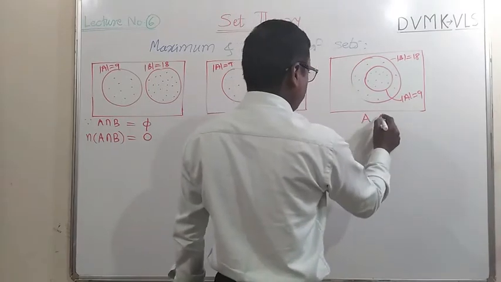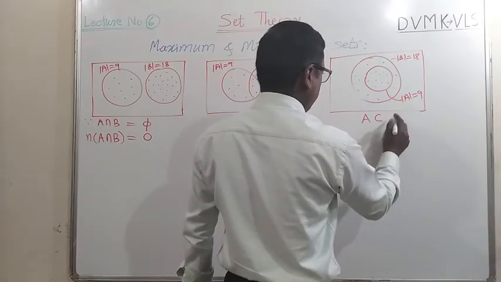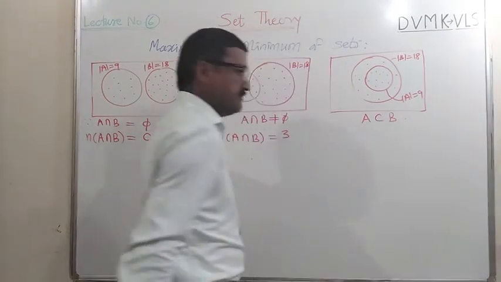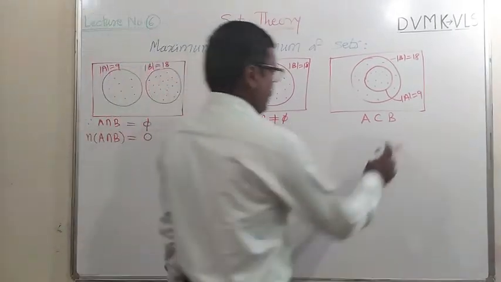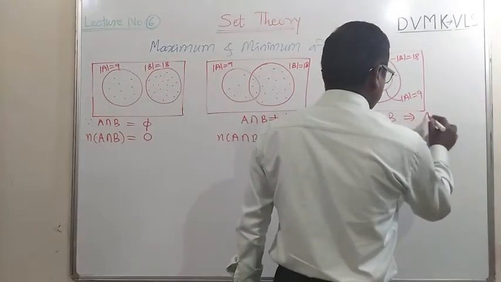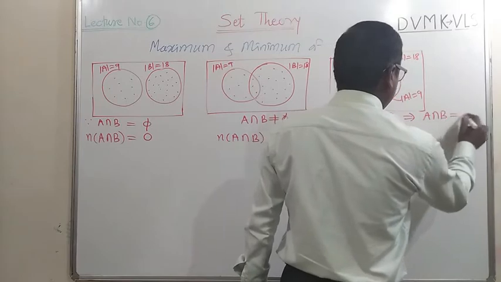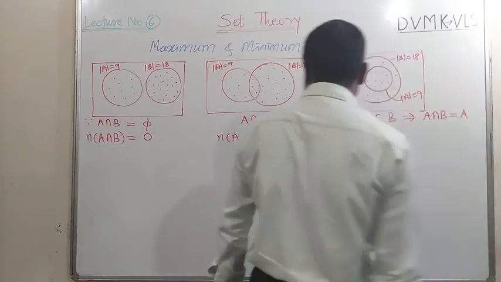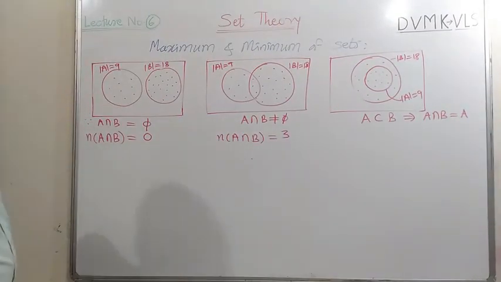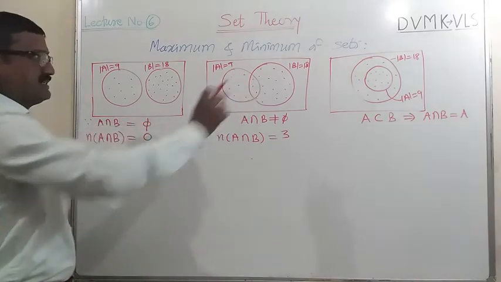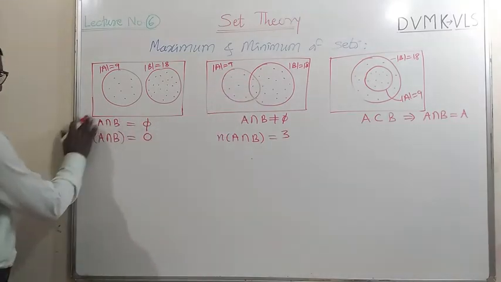Here A is a proper subset of B, obviously, which implies A intersection B is equal to A. We are thinking about intersection first.